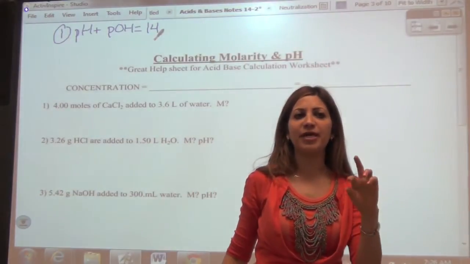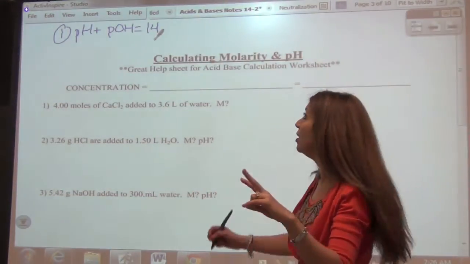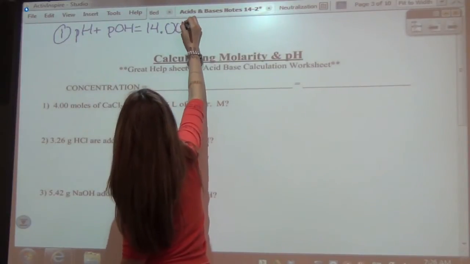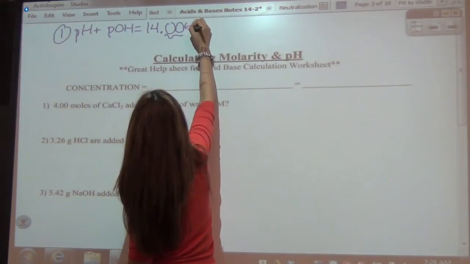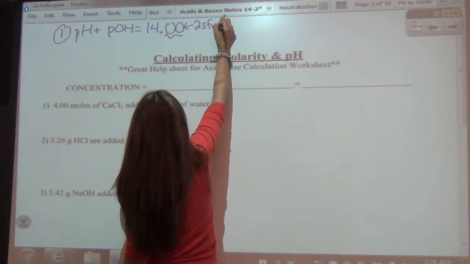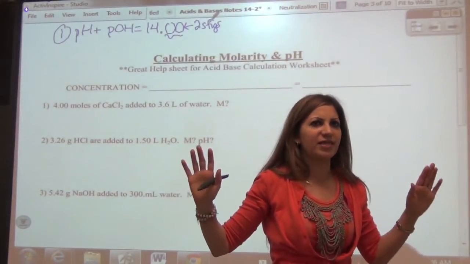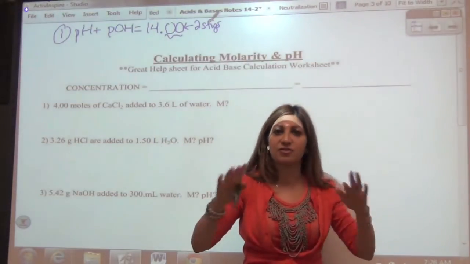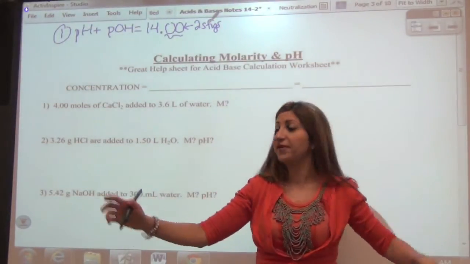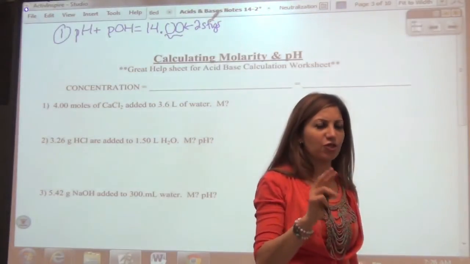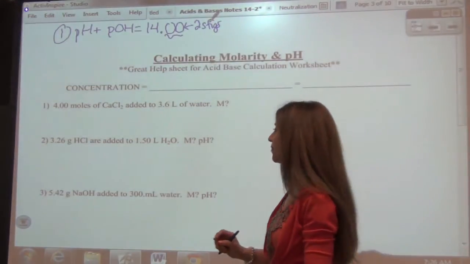When you write down pH and pOH, this is really important, only the numbers after the decimal count. So you would have to write a 0.00 if you wanted 2 sig figs, okay? So just to show you, it's just 14. That's the way that they define it, because 14 with no sig figs is just an endless amount of sig figs. But if you wanted to do your sig figs only for pH and pOH, only the numbers after the decimal will count. Okay.